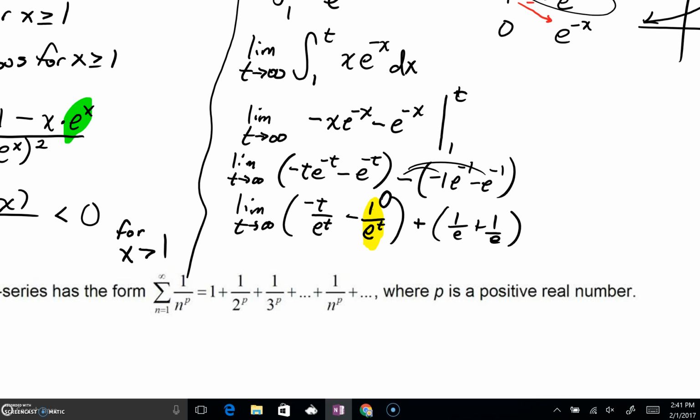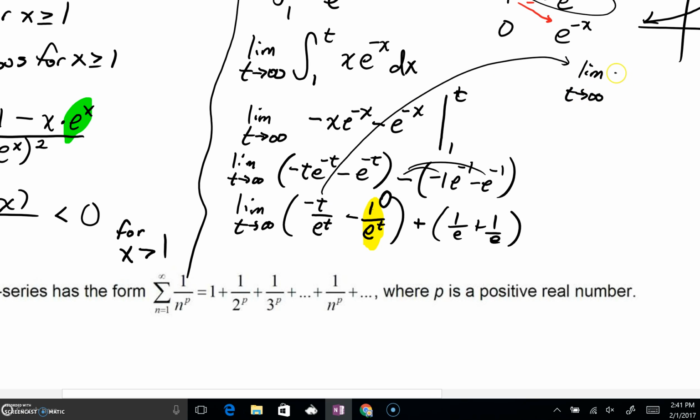You can think, wow, now I just have to worry about this other component, negative t over e to the t. And if you were to look at that limit, guys, you're going to be getting negative infinity over infinity. We have to do L'Hopital. Very good, guys. So I just want to call attention, you can even do a little scratch work off to the side here.